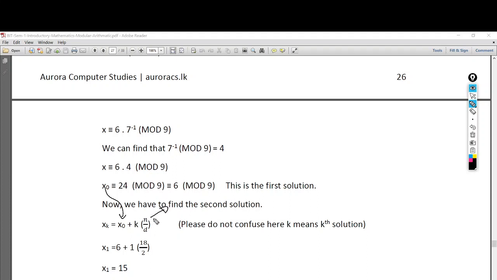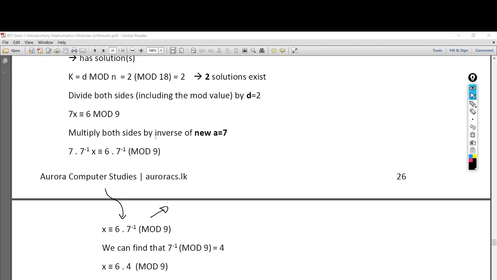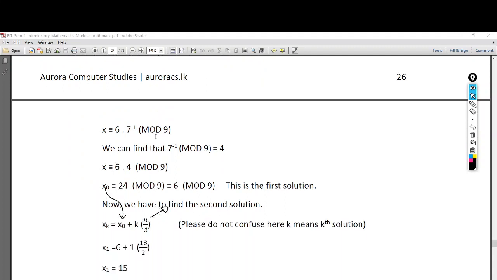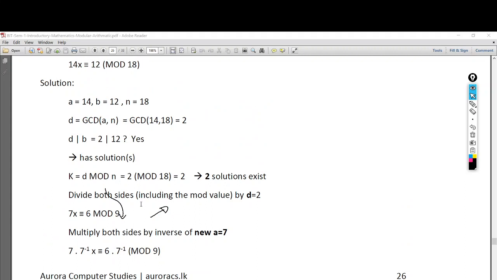This is the original mod of the original equation, not 9. Originally the mod was 18, so n is 18. D we also found, that is the GCD value. In our case the d is 2.